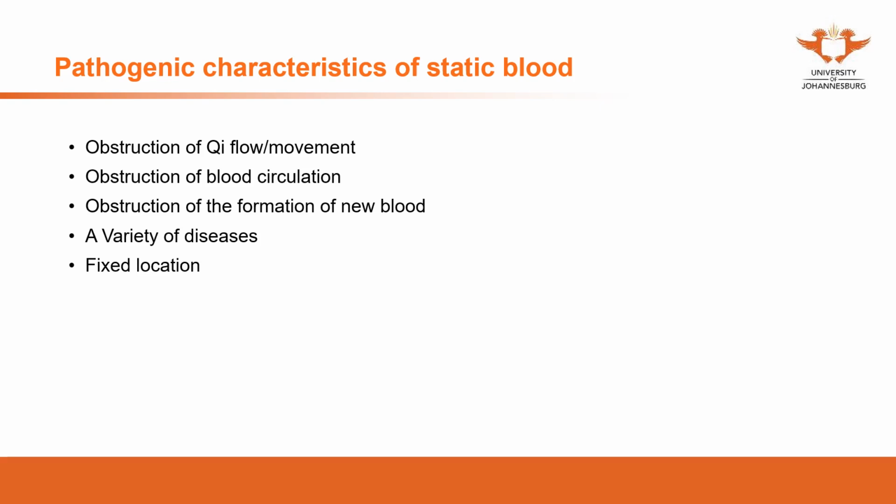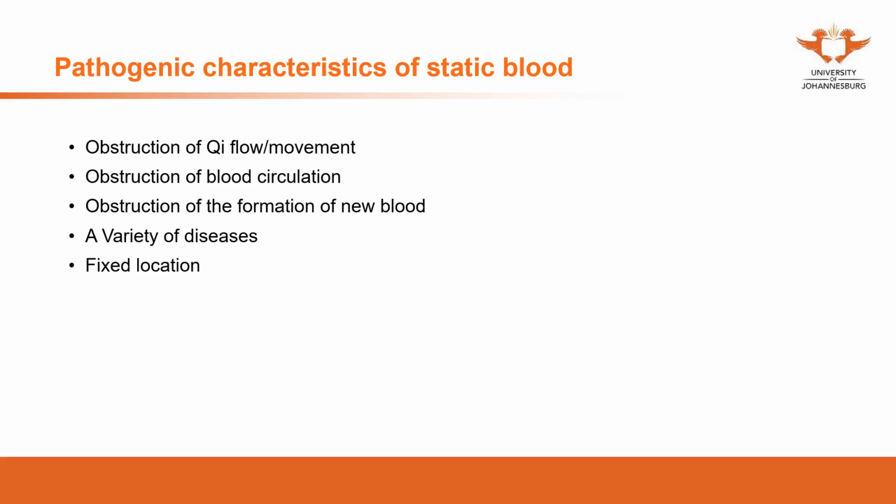So when we study static blood, what's important here is that the typical symptoms are a fixed location and stabbing pain. It doesn't matter where it is affected. If someone has a headache that feels like stabbing pain, then we think that's static blood.